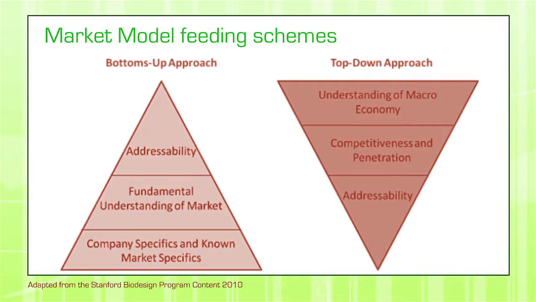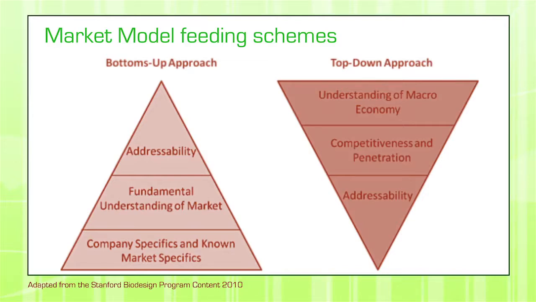In that sense, a fundamental understanding of the market is going to be needed in order to perform this. But it suffices to say also that a bottom-up approach is probably going to be more exact, but more difficult to perform, just because it requires data that might not be easily accessible or reachable for you.